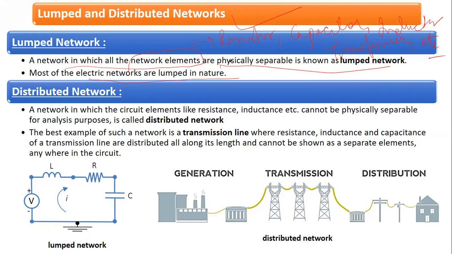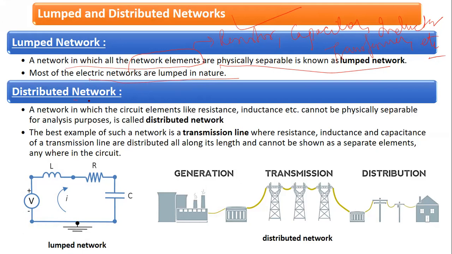For example, if you have a PCB wherein some resistors, capacitors, transistors, diodes are connected, and if some diode or transistor malfunctions, it is very easy for you to remove that element from there and solder a new element there, right? So you can separate it. So it is a lumped network, right?